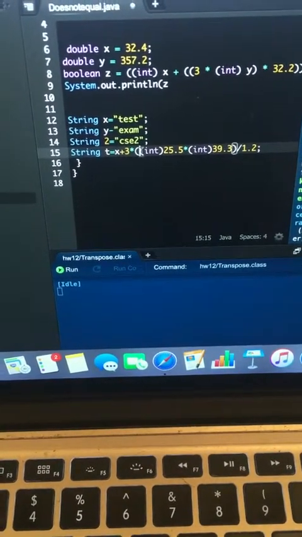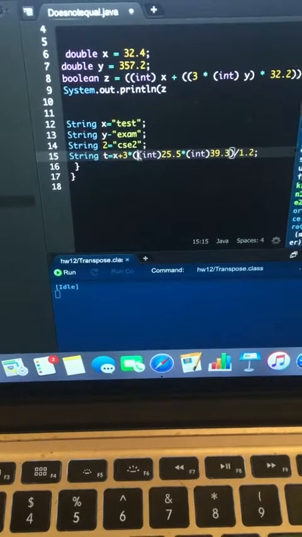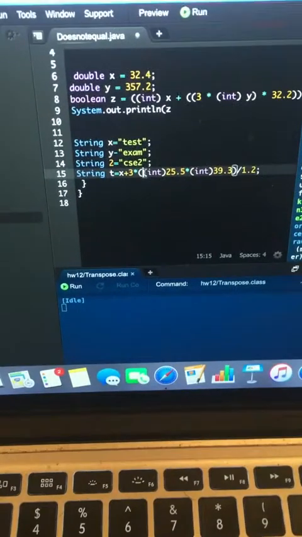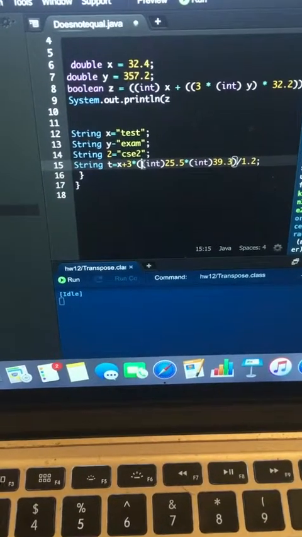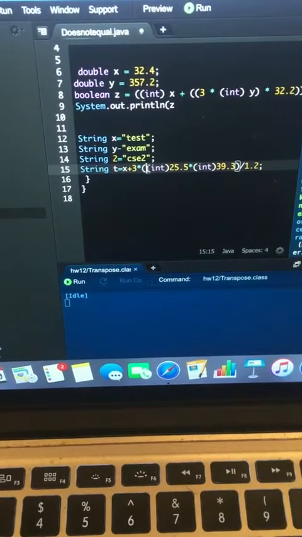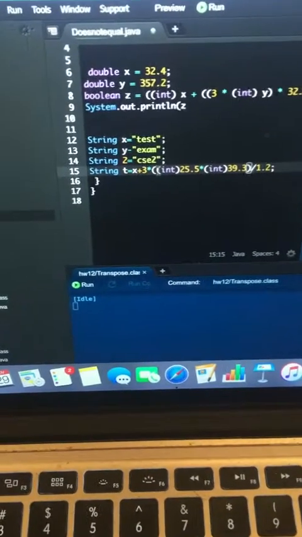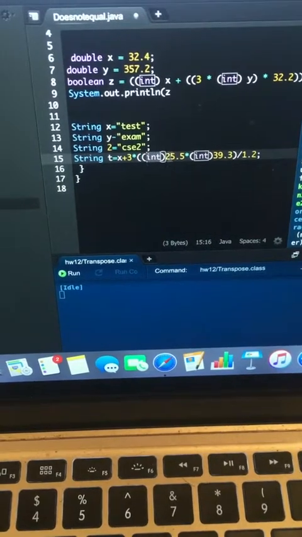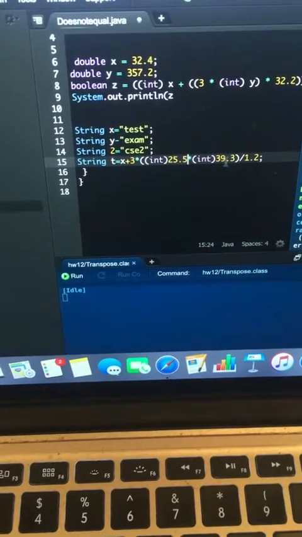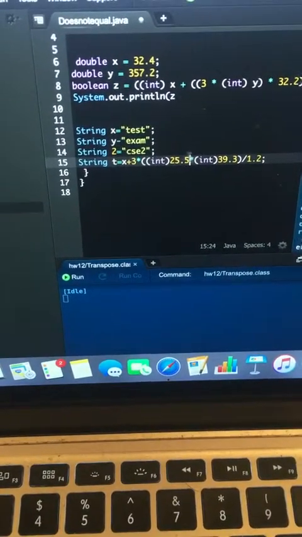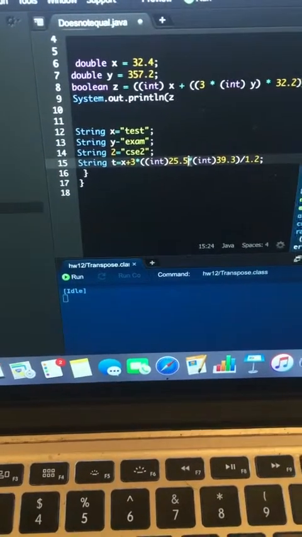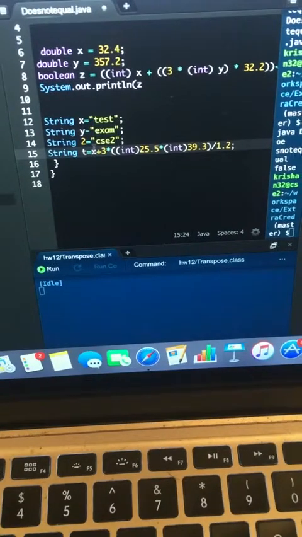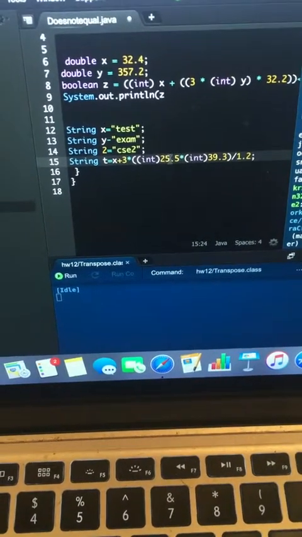Now you must add parentheses to reflect the fact. Well, these don't add parentheses. These are already in the question. The parentheses are there that reflect the fact that the program first reads the 25.5 is multiplied by the 39.3. So this is the first multiplication operation that's read, the 25 times the 39, because there are parentheses around this operation. This is unusual because normally in a Java program, it would first read the 3 multiplied with 25.